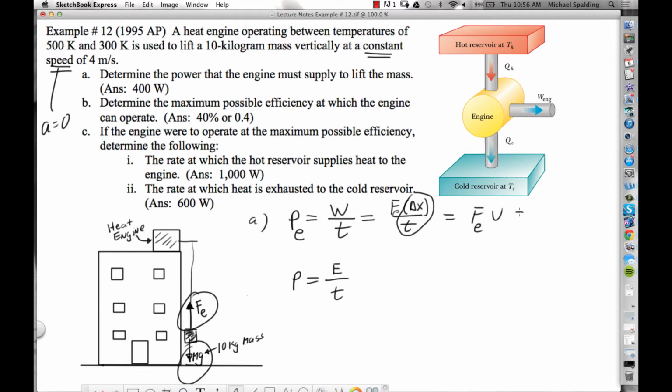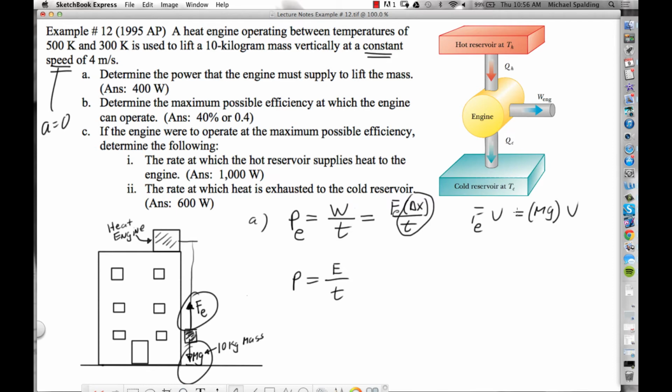So we could solve it like this: this would be mg times the velocity, right? But check it out, I want to do this a different way. So you could do that. We have the 10 kilograms. For AP questions, use gravity as 10. So that's going to be 10 times 10 times 4, which comes out as 400, right?